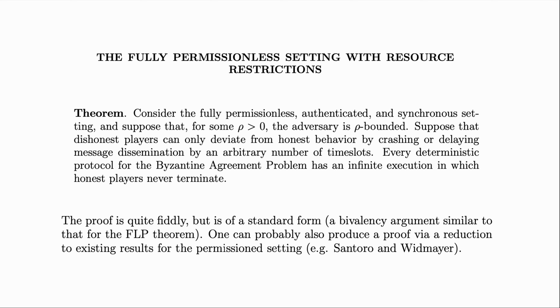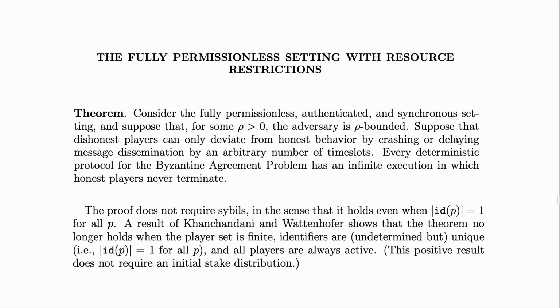It's probably also true that you can produce a proof via reduction to existing results for the permissioned setting. We conjecture at the moment that's true, but it's interesting to see whether we can do that. I'm not going to go through the proof in the tutorial. As I say, it's a little bit fiddly. If you're interested in the details, I encourage you to check out the proof in the paper.